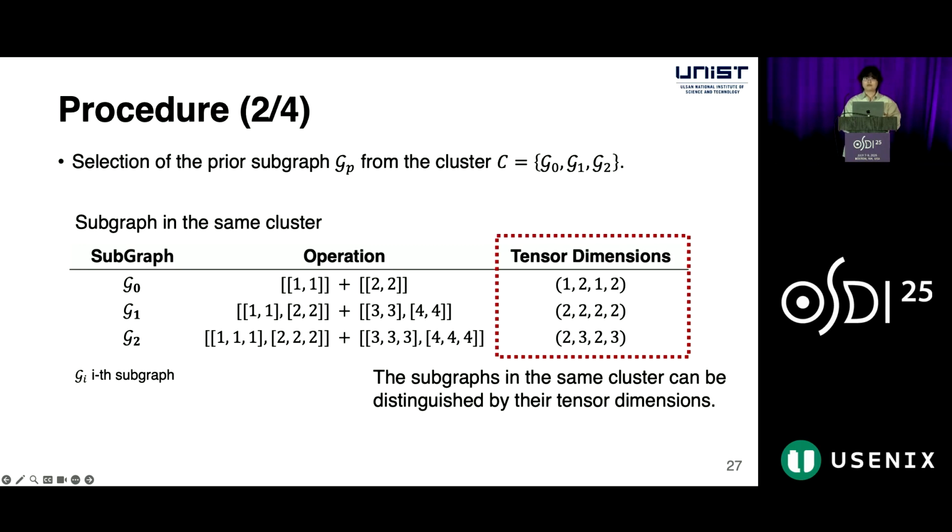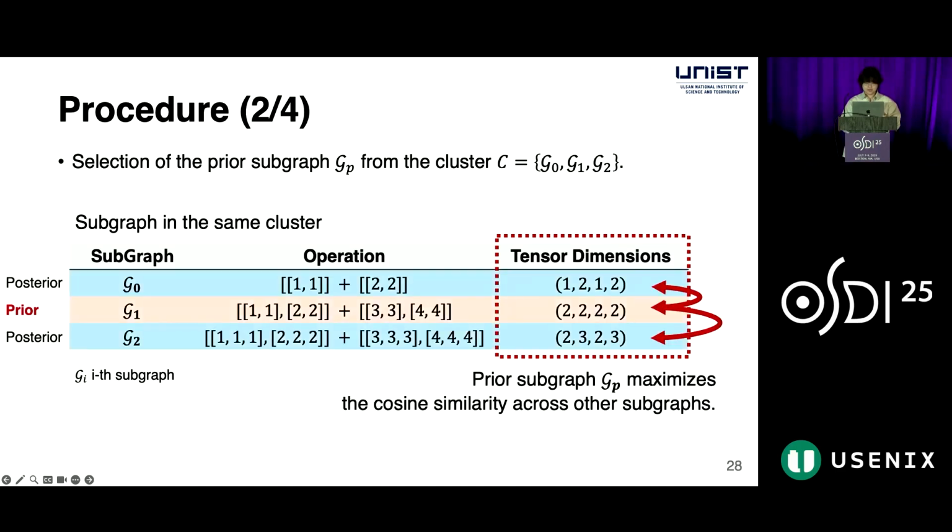So when selecting a prior subgraph, we consider the tensor dimensions. In particular, we want the prior subgraph to be the one most similar to the others. So we calculate the cosine similarity between them, and then select the one that's most similar to the others as the prior subgraph. And the remaining subgraphs become the posterior subgraphs.